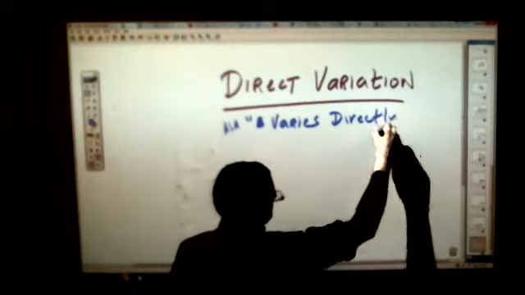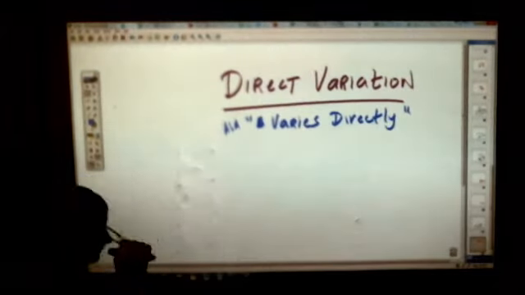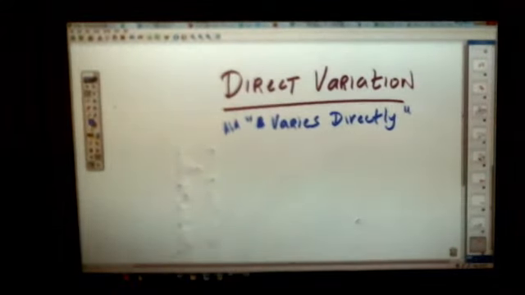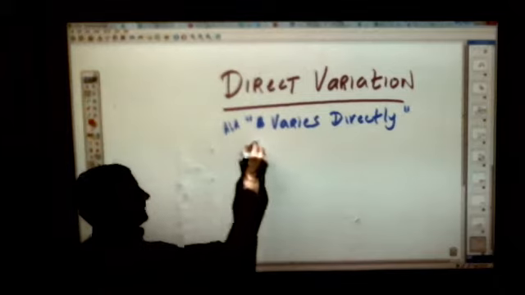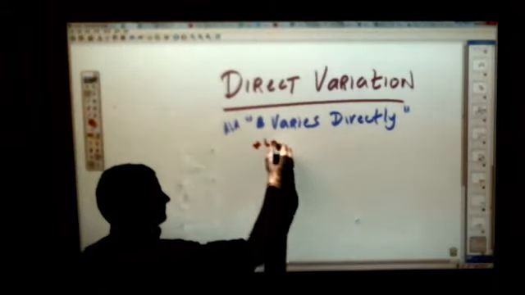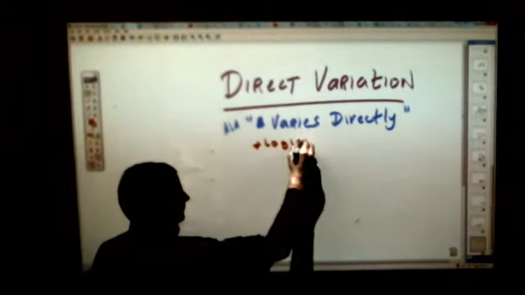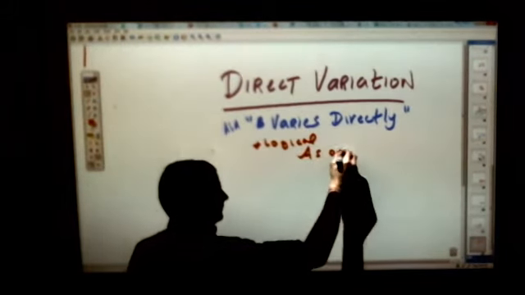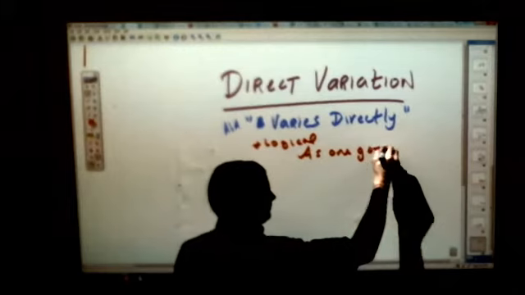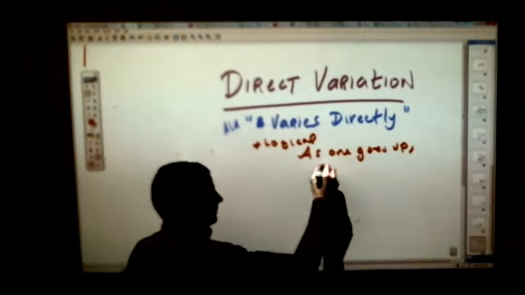Stop me there if that doesn't make sense. The basic gist, boys and girls, of direct variation is this, it's kind of logical in that as one number goes up, the other does as well.